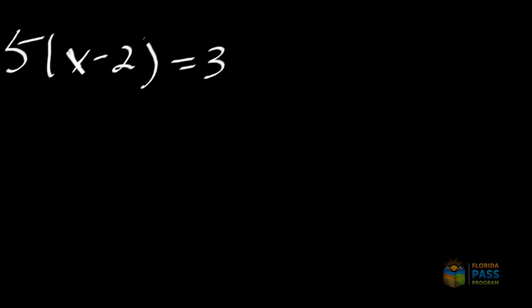So you have 5 times the quantity of x minus 2 equals 3x, or 3 times the quantity of x plus 4. So before we could even solve this, you would have to use the distributive property. Whatever's on the outside of the parenthesis, you multiply it times everything on the inside.